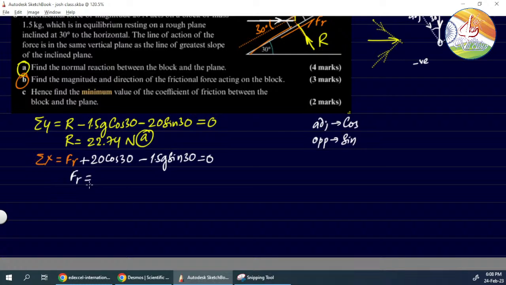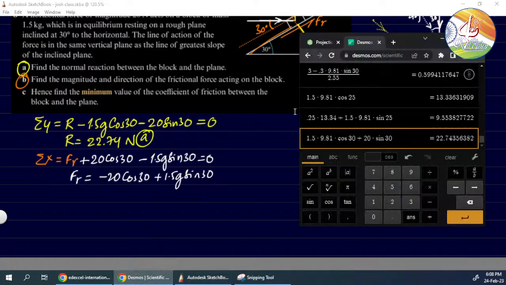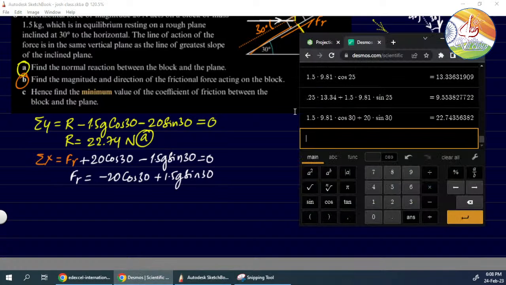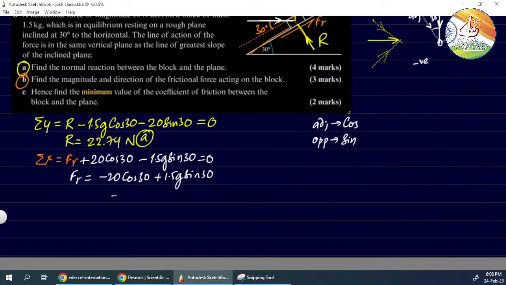So Fr equals, these both will become negative. So minus 20 cos 30 plus 1.5g sine 30. So let's go ahead and find it. Minus 20 cos 30 plus 1.5 into 9.81 into sine 30. So we are getting minus 9.96.